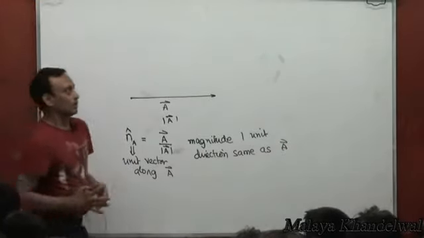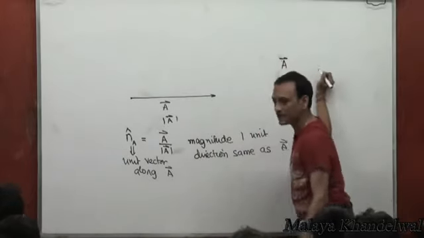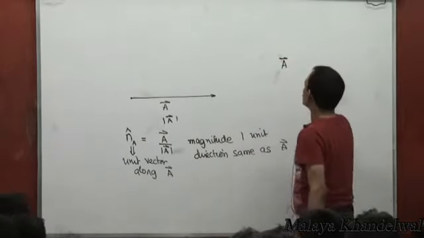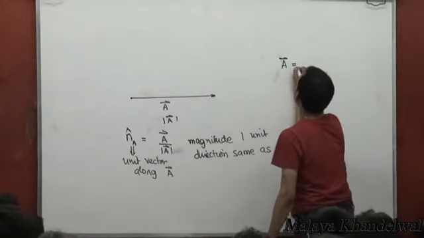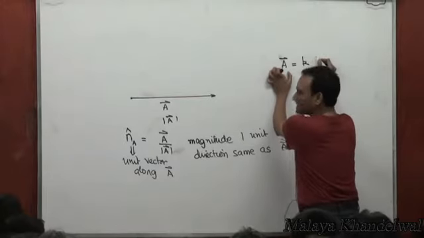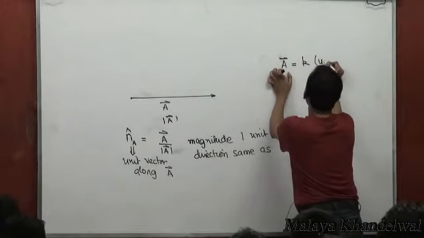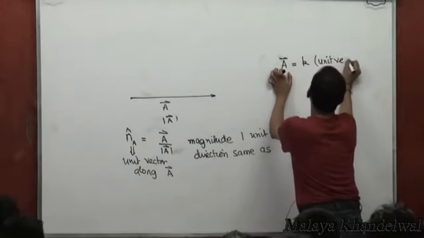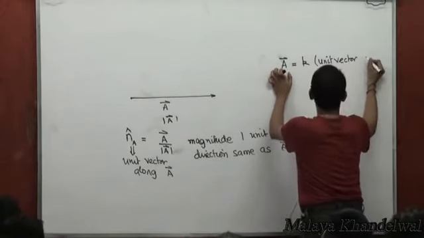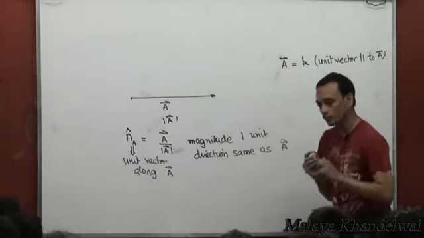Now, all that I am saying is, a vector A, for example, is k times a unit vector in its direction, isn't it? If I have a unit vector parallel to A, look, this is what I want to tell you.